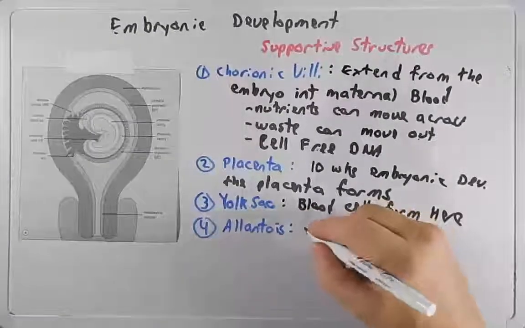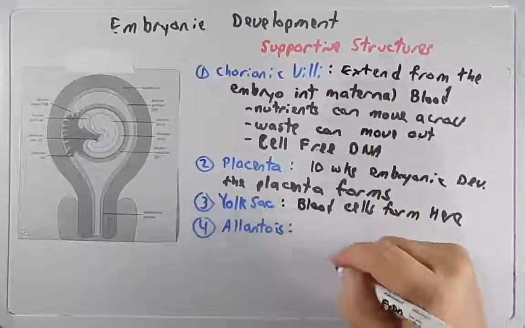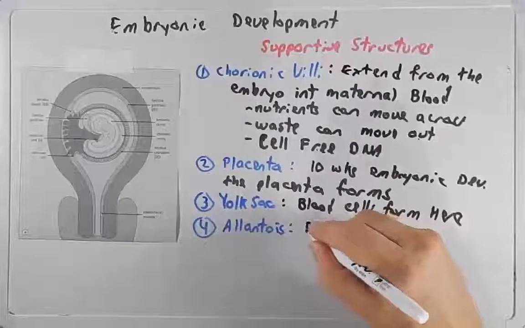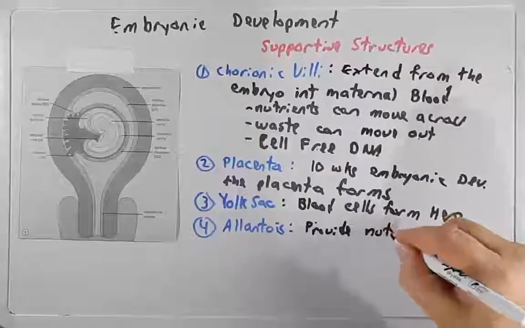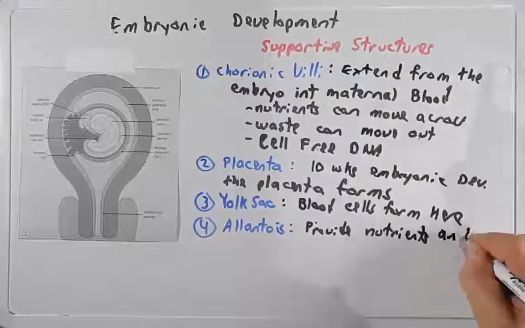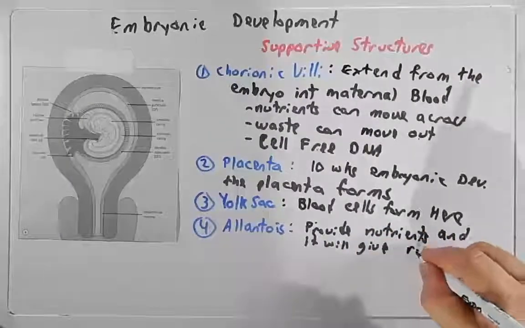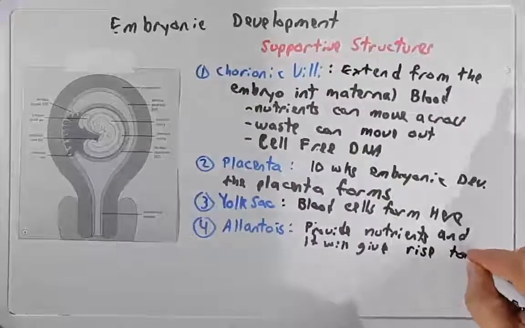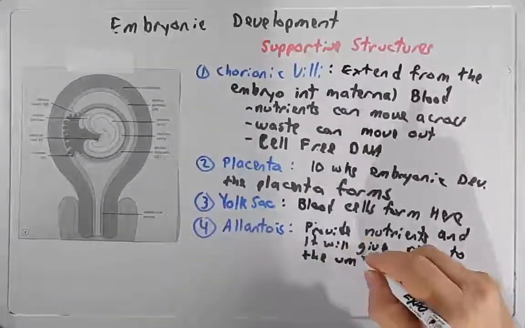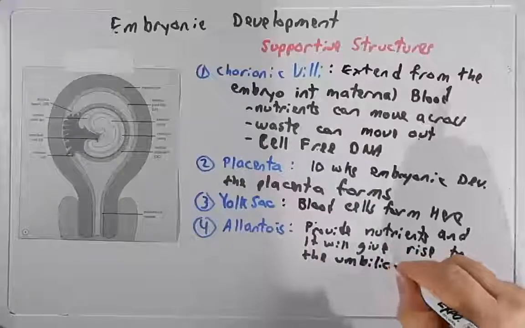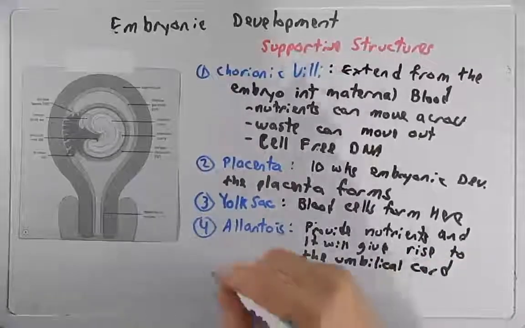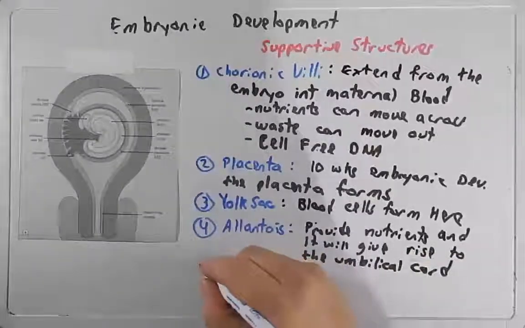The next structure I want to talk about is something called the allantois. The allantois has a few functions that still exist in human development. It helps provide nutrients, and it will give rise to the umbilical cord. So the next structure I want to talk about is the umbilical cord.